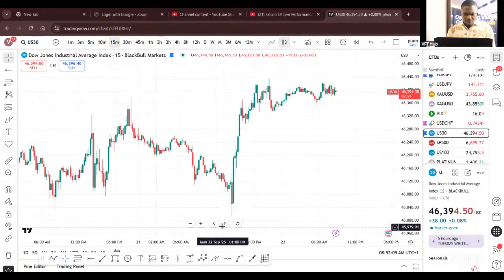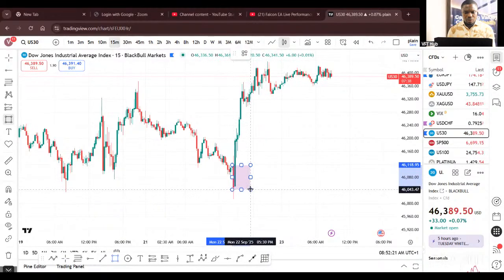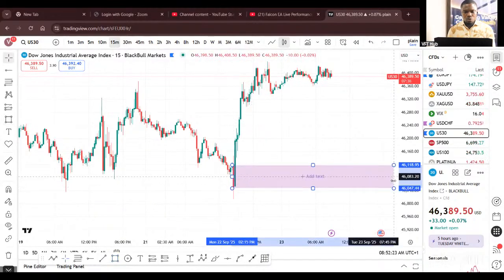But this morning, what has happened already? What can we do to take opportunity in this market? This morning, I'll still be looking at this, but I'll look for a 1-minute break of structure.